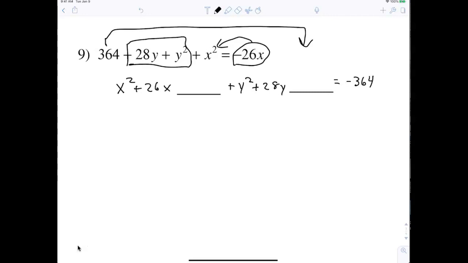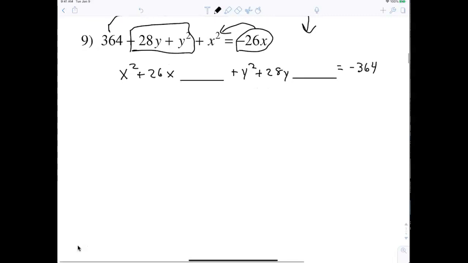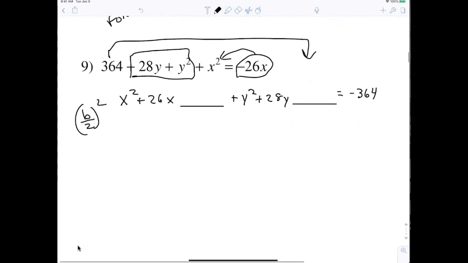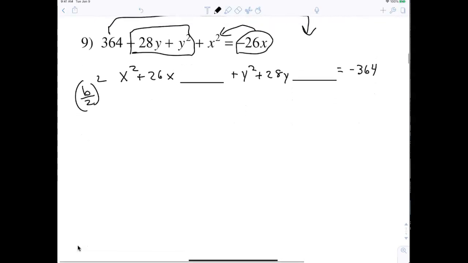Now, do you remember how we completed the square last year? To complete the square, the format is always b divided by 2 and square. Now, think of it this way. This right here is part of a quadratic, and a quadratic just means something to the second power.